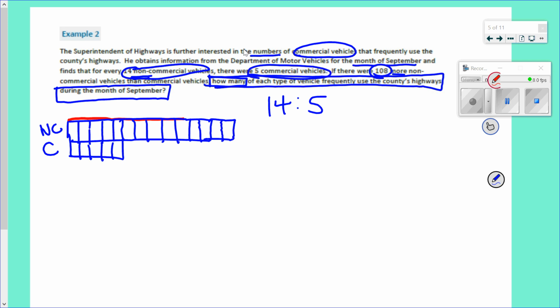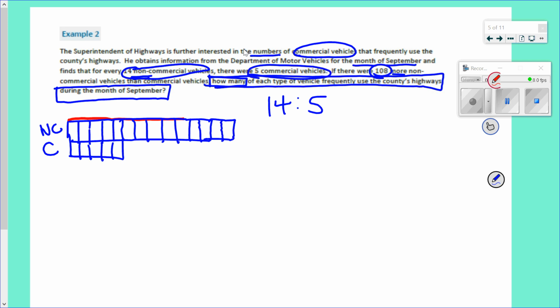What are they asking us to do? Zachary said if there were 108 more non-commercial vehicles than commercial vehicles. That's a little different. What do we need to do here? We need to divide, don't we? Because are we trying to get a ratio constant right now?